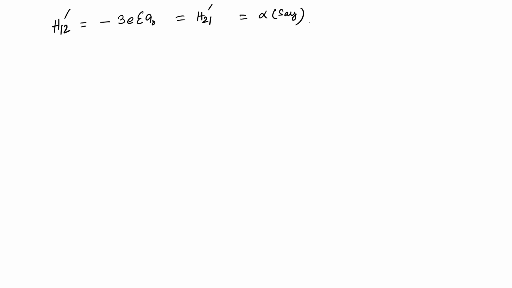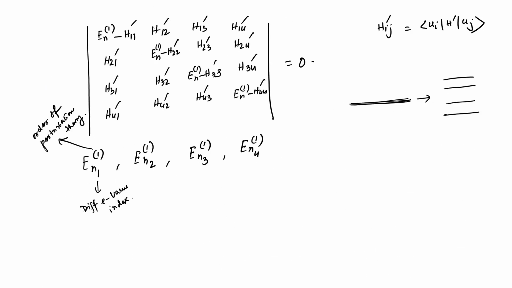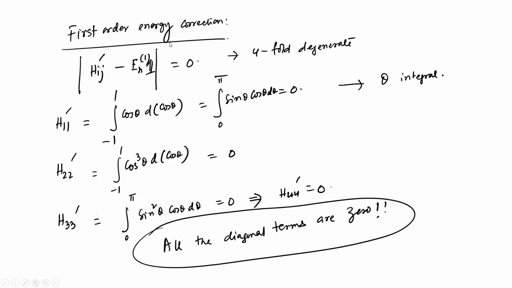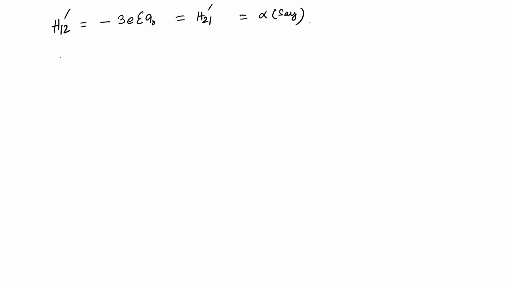Now, what happens is that if you look at this lower block, this block does not yield anything. That is, it gives you the eigenvalues equal to 0, and this becomes just an upper block on the left and a lower block on the right, and the lower block on the right gives you two corrections equal to 0, which means that E231 is equal to E241 is equal to 0, which means that there is a partial removal of degeneracy.